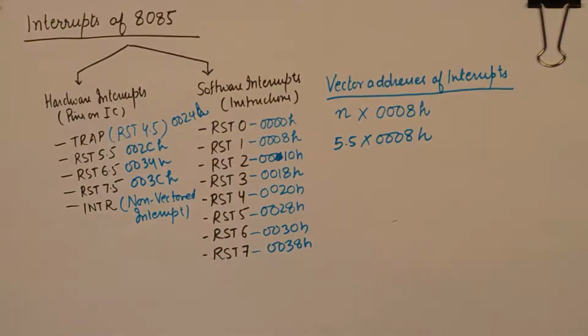So these vector addresses are super important to understand, and very, very important, because microprocessor will be taken to these vector addresses once these interrupts are encountered.